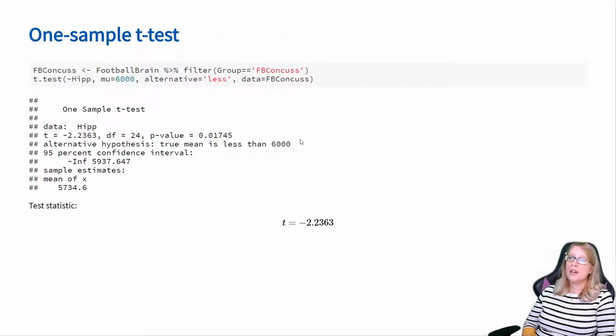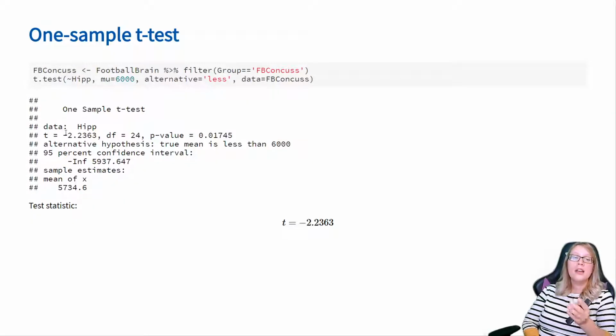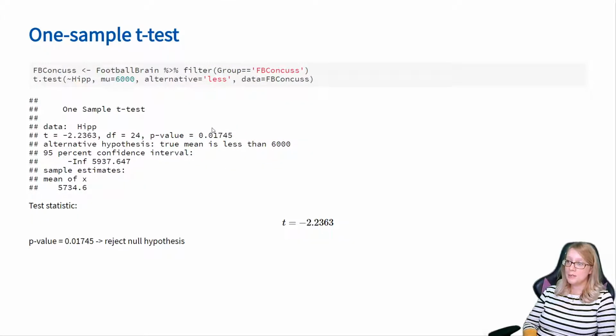This output goes ahead and calculates the t statistic for us. Our t, if we use that formula, should be negative 2.24. This means that our sample mean is about 2.4 standard errors below what we would expect if the null hypothesis is true. Our p-value is 0.01, so it's pretty small.